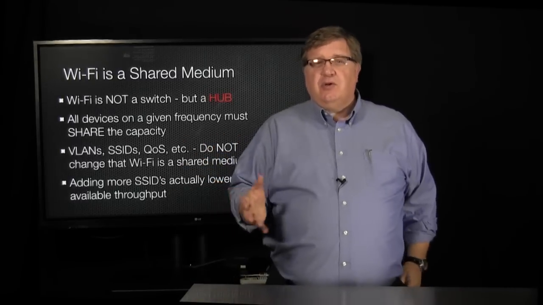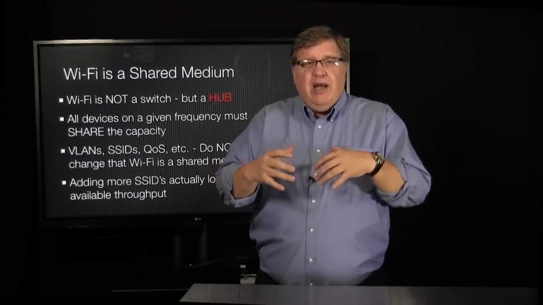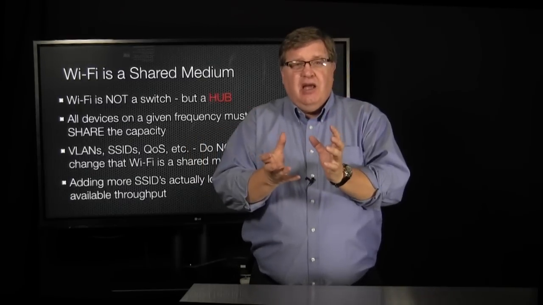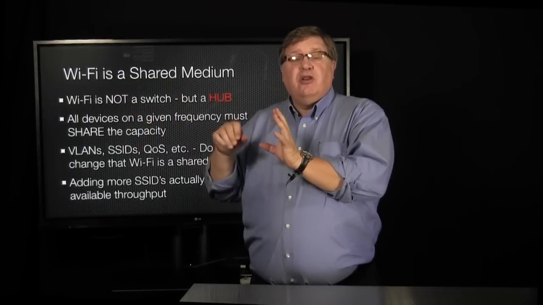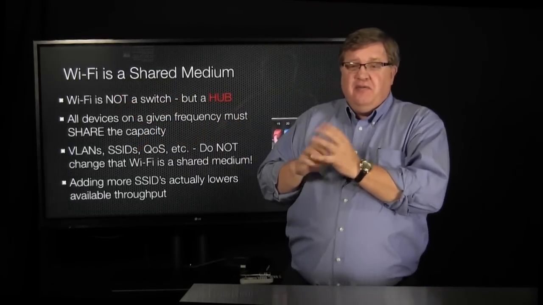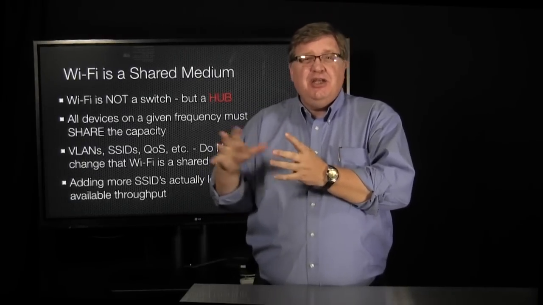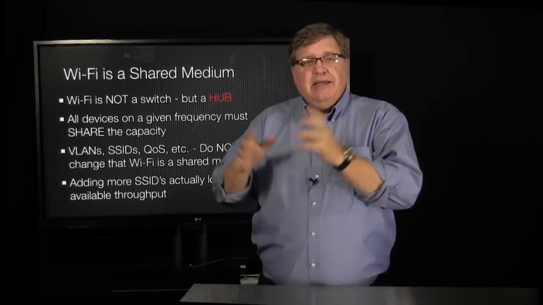So we get a little confused, and we think of things like VLANs and SSIDs and QoS as some way to help us manage all that traffic, and yet on the wireless hub side, VLANs, SSIDs, QoS don't have hardly any change at all in how things work. Yet on the wired side, they do a wonderful job.